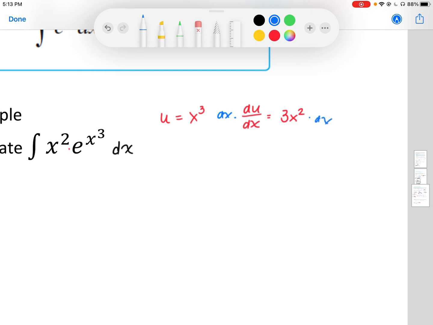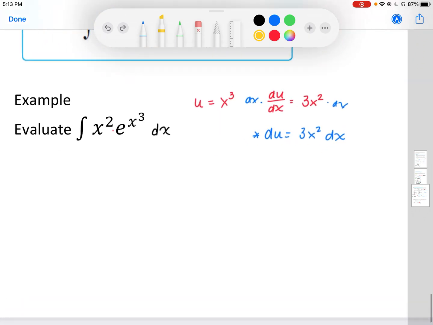So you can write it as a partial derivative, you can just write it this way. You don't have to think of it as the way above. All right, so we have these two important pieces that we're going to use for our u-substitution.